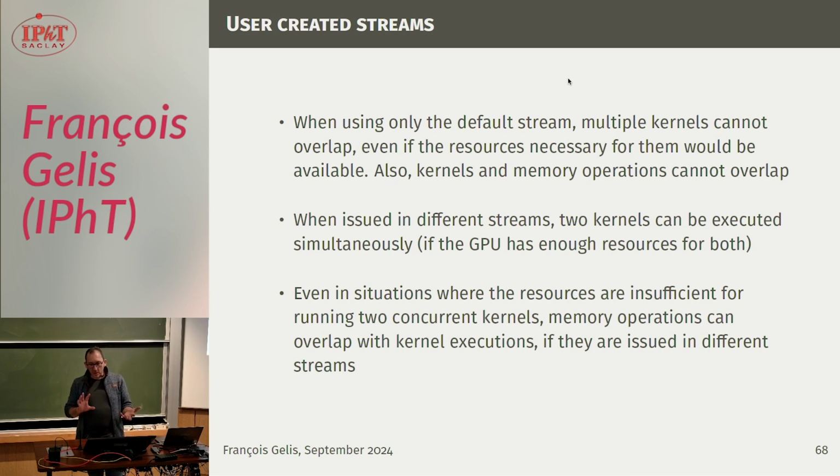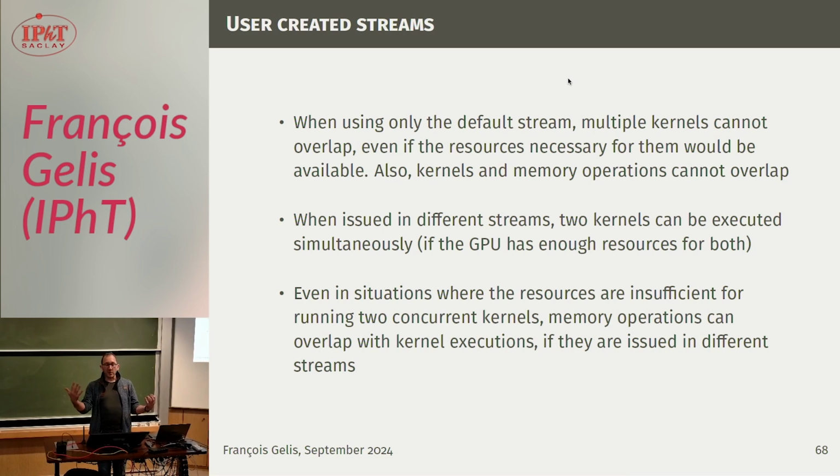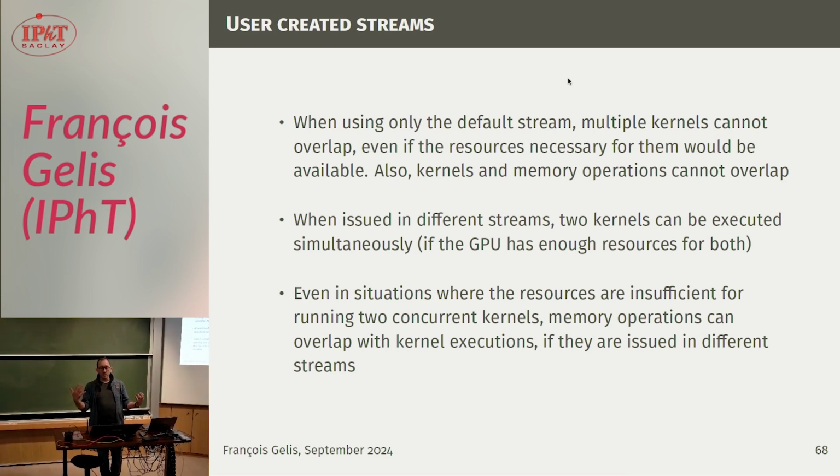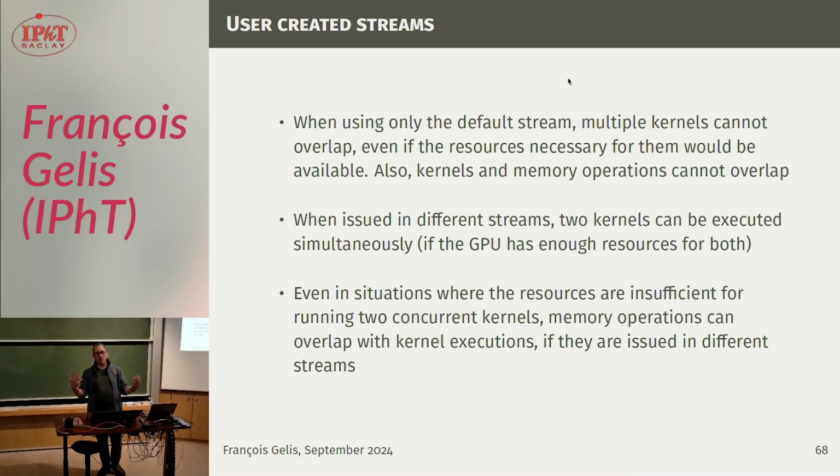And in situations where there are not enough cores to run two kernels simultaneously, you can still have one kernel from one stream happening at the same time as the memory transfer in another stream. But the only thing you have to be careful about, obviously, is that the memory transfer in the other stream should not use data that is written or read by the kernel doing computations.